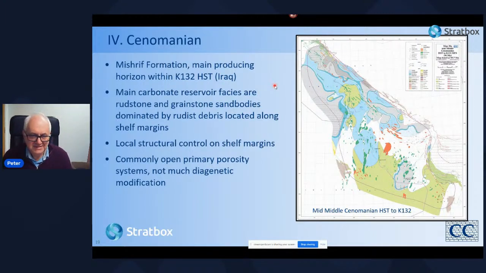by rudist debris. There is some local structural control on the orientation of the shelf margins, and the Mishrif reservoir is commonly open primary porosity with not really too much diagenetic modification. That's true in Iraq, where there's not much effect of the post-Mishrif unconformity.